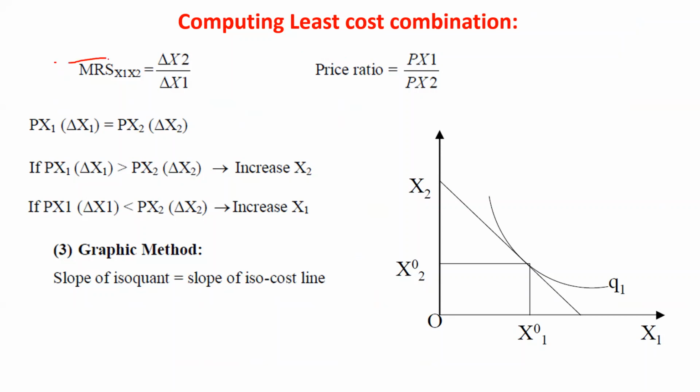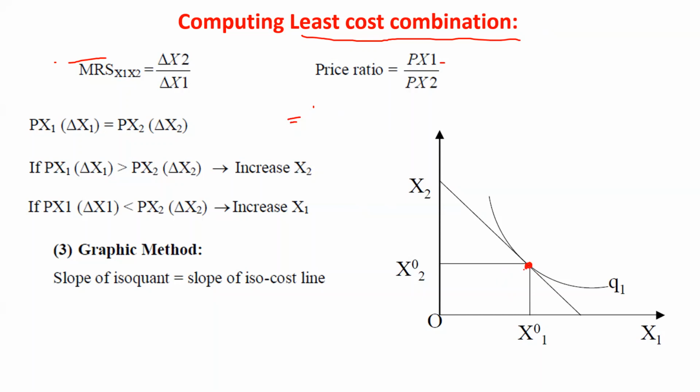Now the slope of the isoquant is the MRS of X1 for X2, which is equal to delta X2 divided by delta X1, and the slope of the isocost line is the price ratio, that is nothing but price of X1 divided by price of X2. Now the least cost combination is obtained at the point where the isoquant is tangent to the isocost line.